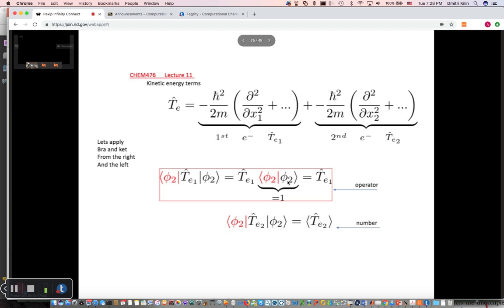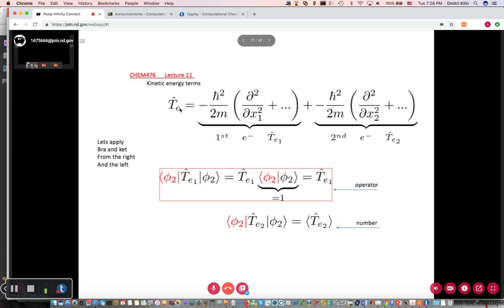So let's look at the kinetic energy. Kinetic energy for a multi-electron wave function includes the second derivative over position x, y, and z. It is x1, y1, z1 for the first electron, and x2, y2, and z2 for the second electron. Right?